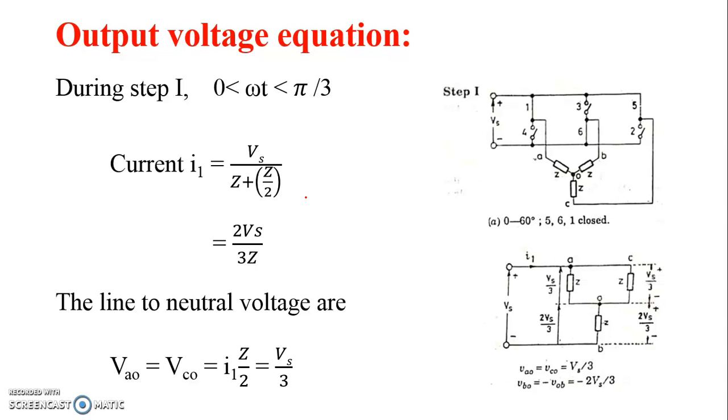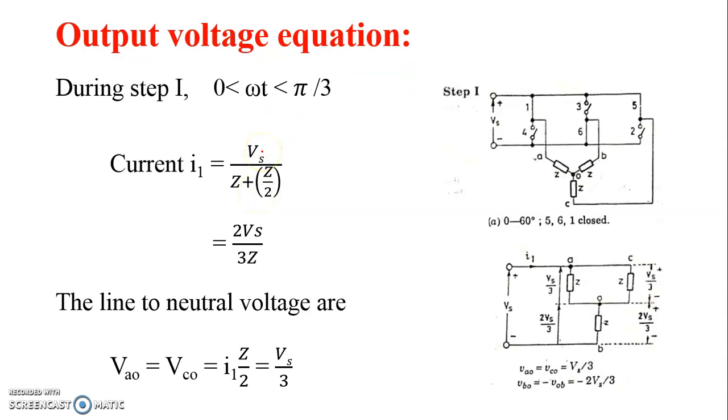During step 1, we already said that thyristors 5, 6, 1 are in conducting mode. So from that we are going to find the current I1. We know the formula by Ohm's law, I is equal to V by R. Here we use an impedance value.